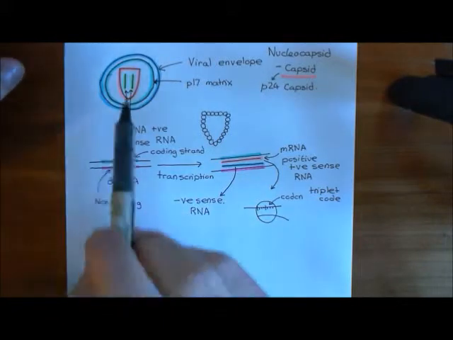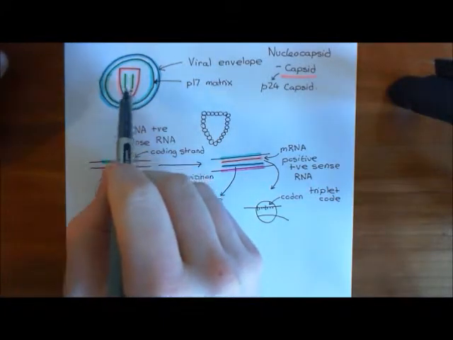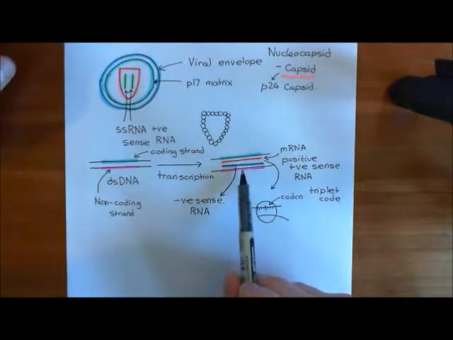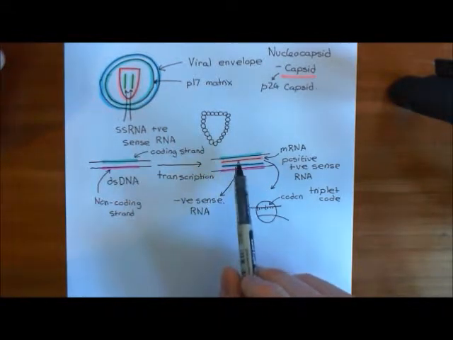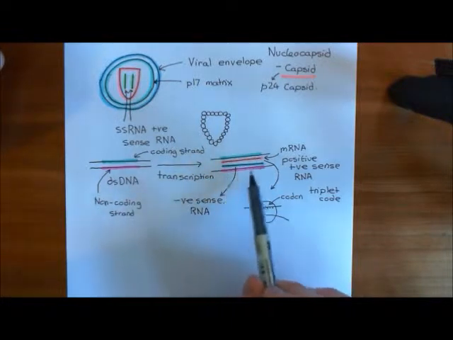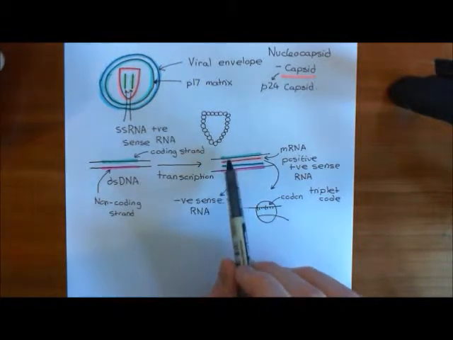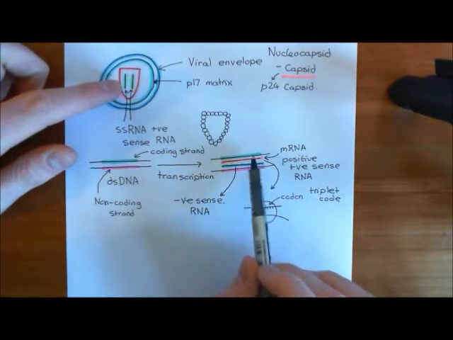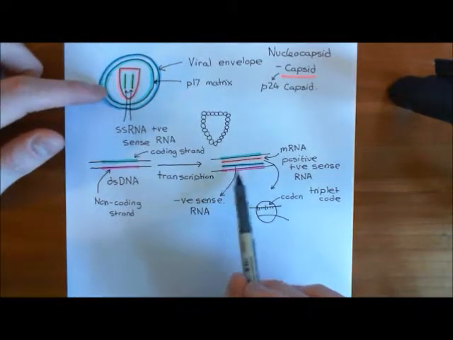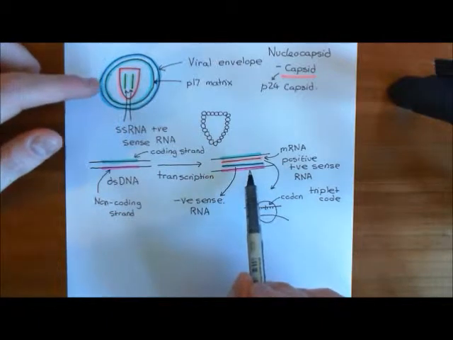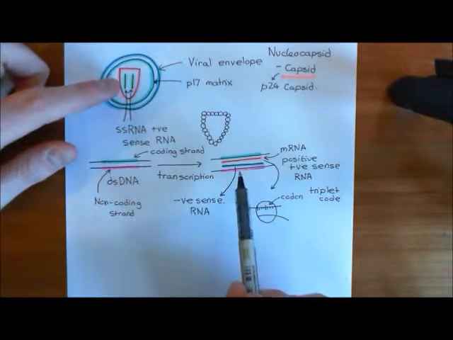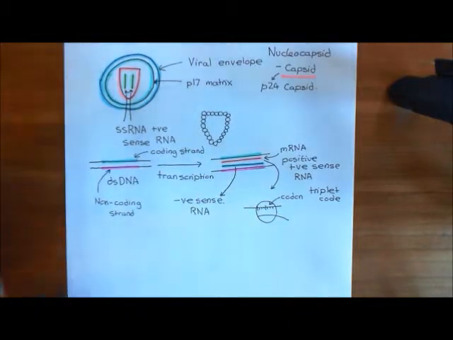I hope you appreciate that if you've got this positive sense piece of RNA, you could make not only the negative sense piece of RNA, but you could also make all of the DNA back again. You could first synthesize the piece of DNA that's complementary to this, the coding strand, and from the coding strand you could certainly synthesize the non-coding strand. So this contains all of the genetic information, basically. It's just a different way of storing it.